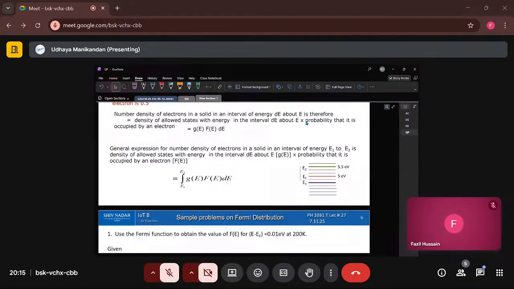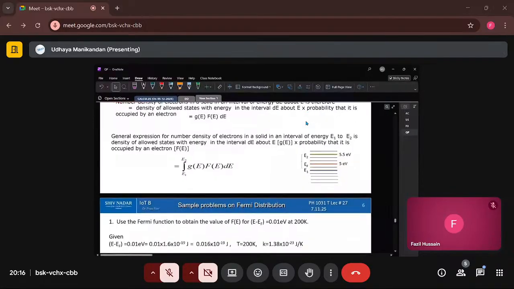We'll be using the derivation for the density of states anyway. But remember, we first take the density of states multiplied by the probability that it is actually occupied by an electron. So the density of all states at that energy multiplied by the probability of an electron gives you the number density of the electrons itself. That is the whole idea here.